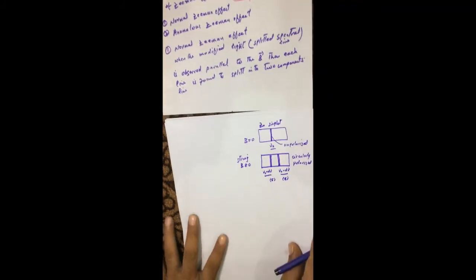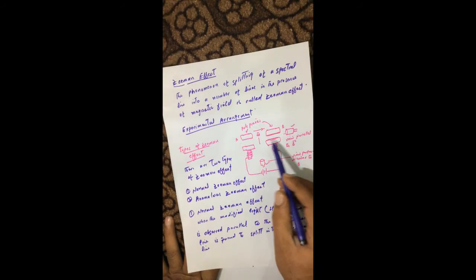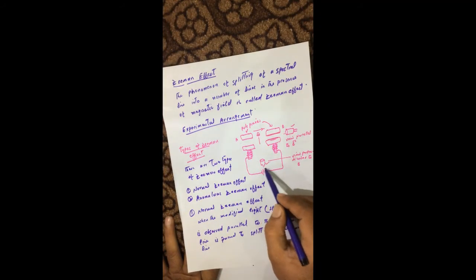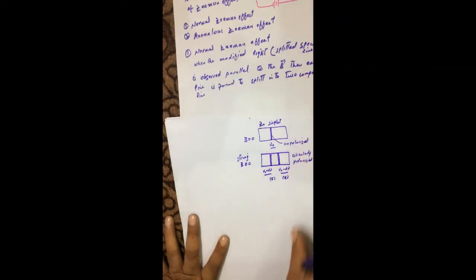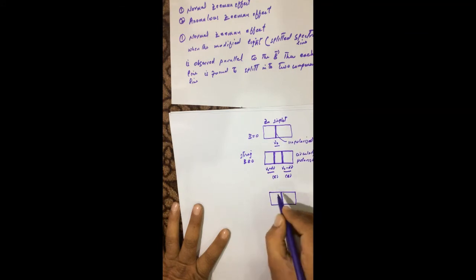Now, when we observe the same spectral line after passing through the magnetic field in a direction which is perpendicular to the magnetic field, by this high resolving instrument, the spectroscope, then what will happen? This spectral line, which initially, when there was no magnetic field, looked like a single line, this is again the zinc singlet.